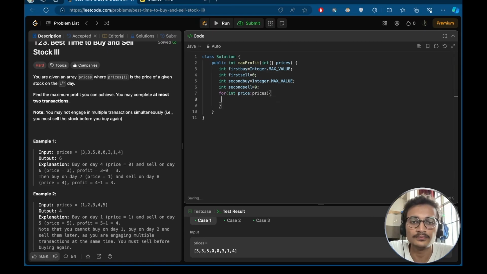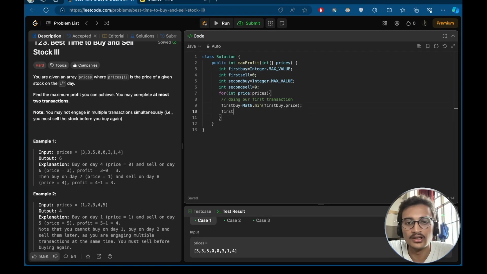First we will do our first transaction. For the first transaction, let's find the minimum price for our first stock. So first buy will equal Math.min of our first buy itself and our price, which is the current price of the stock.